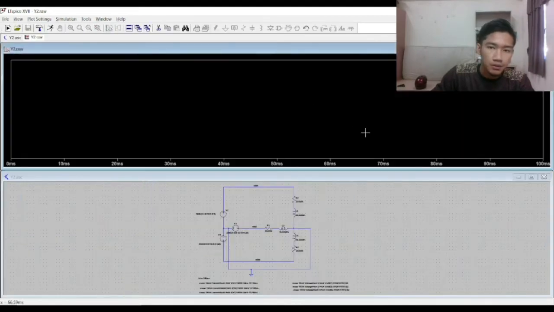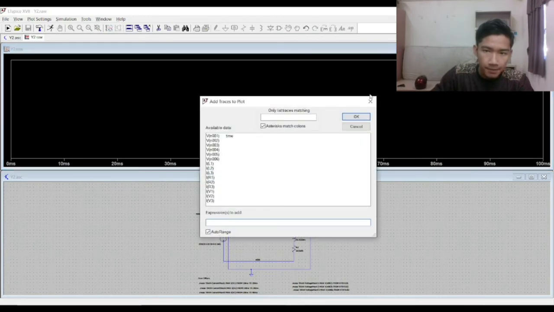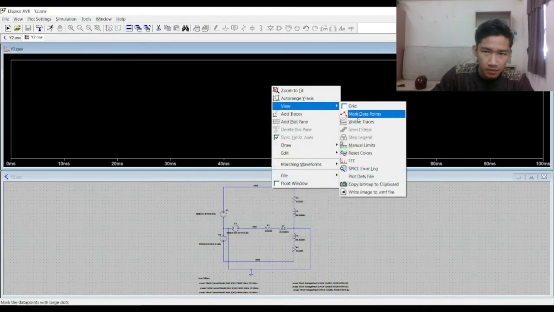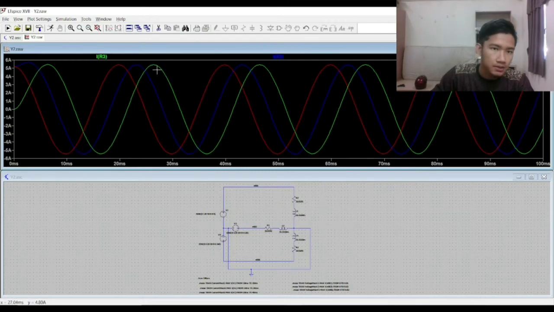So if we simulate the graph, we can see that the value for all three loads is almost like 5.3 or something like that.